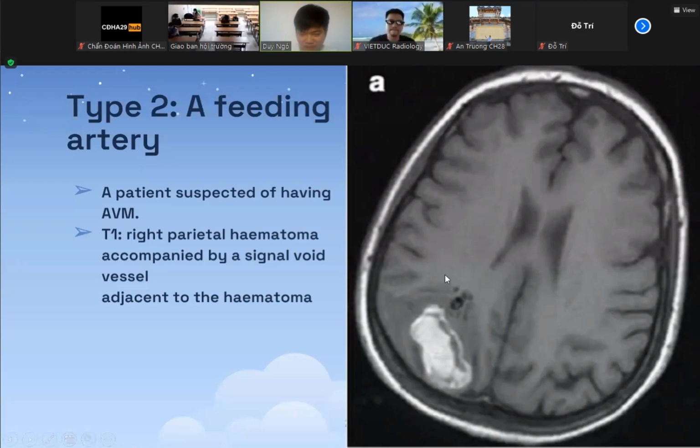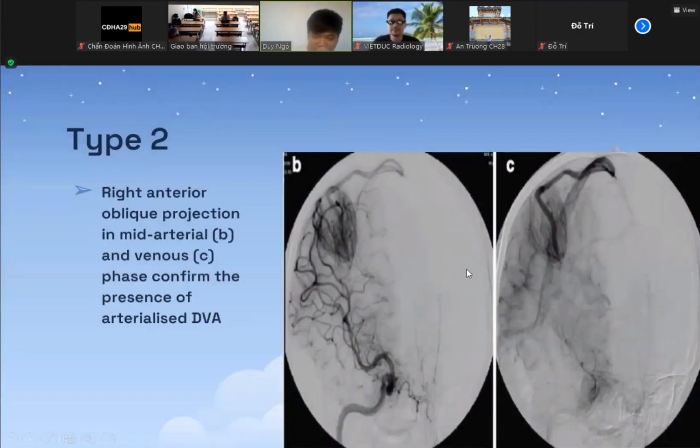Let's go through the DSA. Okay, on DSA we see the appearance. This is on arterial phase and this is on venous phase. You see the caput medusa appearance.